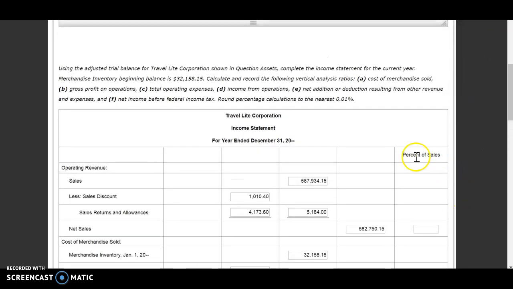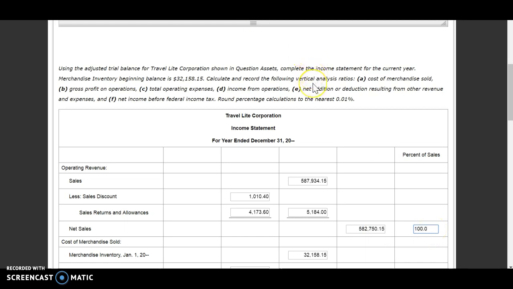Okay, last thing I need to do is figure out my component percentages. And I need to fill those in. Notice it tells me which ones I'm going to do, but it also gives me a blank for those. Remember, it says percentage of sales. So this is always going to be divided by my net sales. So if I take net sales divided by net sales, I'm simply going to get 100.0.